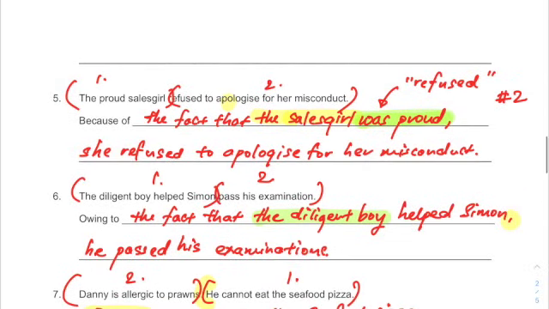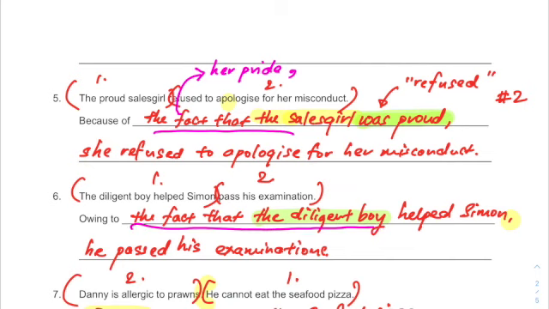Next one, question number 5. This one is where you can really simplify. Like I mentioned earlier, I don't want to use the fact that. I can change it to because of her pride, comma, the proud salesgirl refused to apologize for her misconduct. Okay.